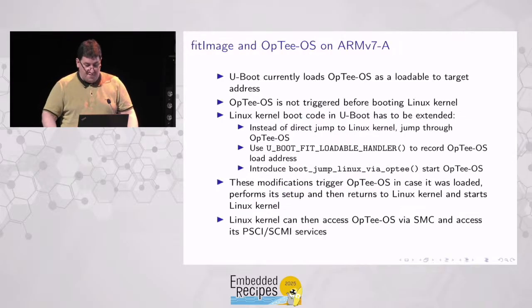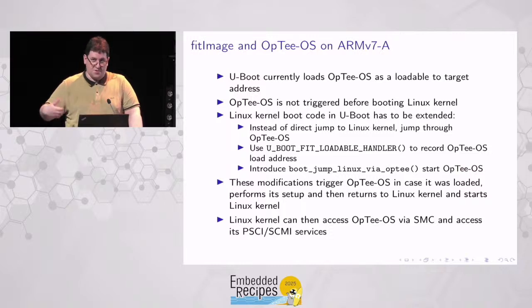So I was debugging this, and I found out that the OP-TEE boot implementation in U-Boot was meant for ARMv8, and so I had to patch the boot code a little bit to detect that on ARMv7, if the OP-TEE is loaded to a certain location, then I need to make a note that this happened.